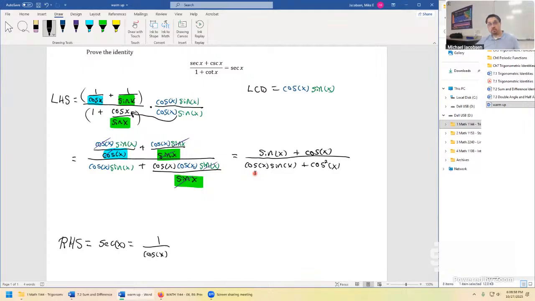There's a greatest common factor in the denominator of cosine and cosine in both of those terms. So if you factored that out, a cosine x, I'll just highlight that without the power, you'll get sine x plus cosine x. Factor out cosine x. That leaves behind sine x plus cosine x.